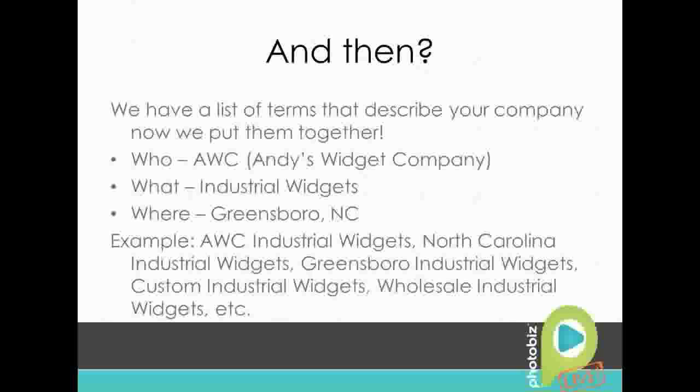Now, obviously, this is focused on local companies. If you have a nationally recognized company, you use a different tactic and different patterns. But this serves for most companies that work in a limited area.